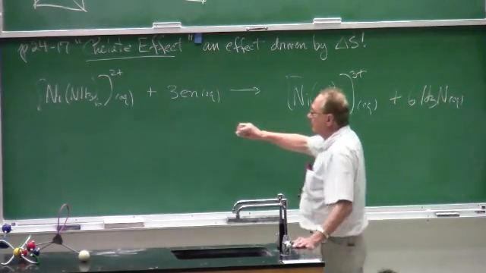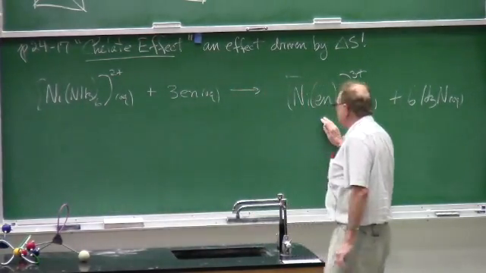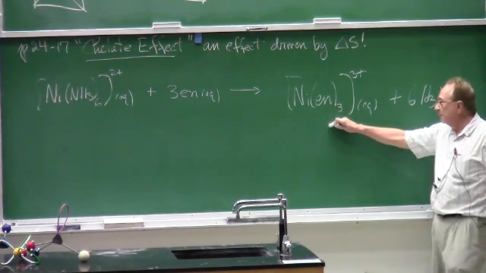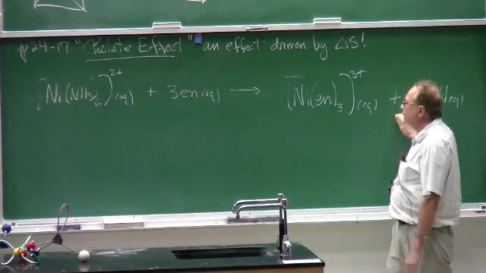So we now have turned a complex with 6 monodentate ligands in the first coordination sphere to a complex which has just got chelate rings and 3 chelating ligands, and at the same time liberating ammonia molecules to the solution.